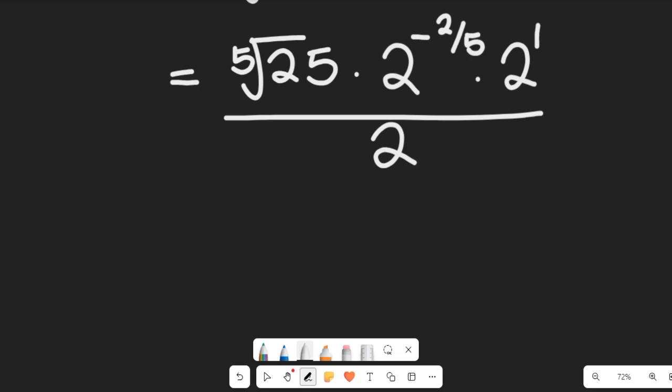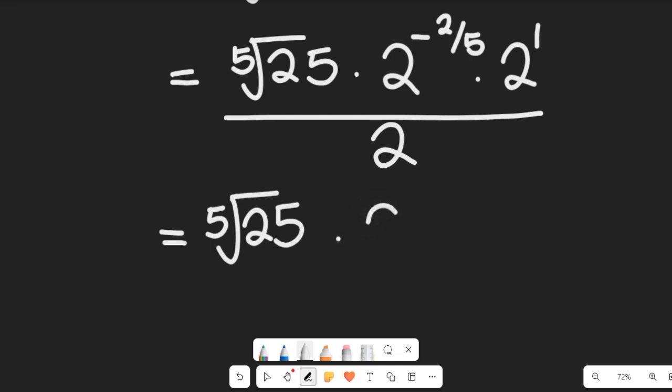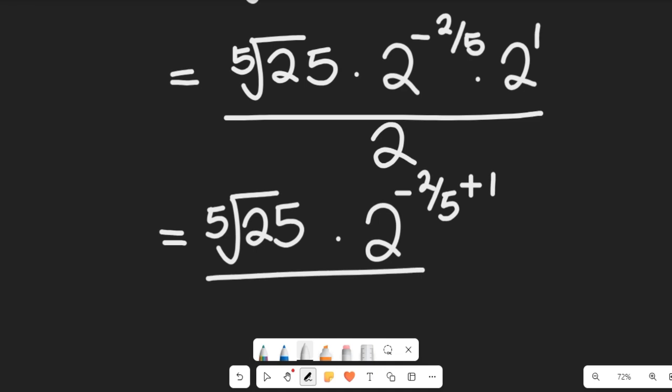So with that 2 to the power of 1, I can simplify that expression, and this will give me the fifth root of 25 multiplying, according to the law of indices, this will add 2 to the power of negative 2 divided by 5 plus 1, right? And all of these will be divided by 2.